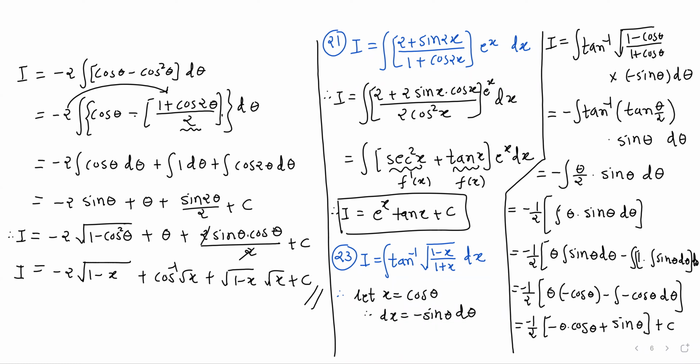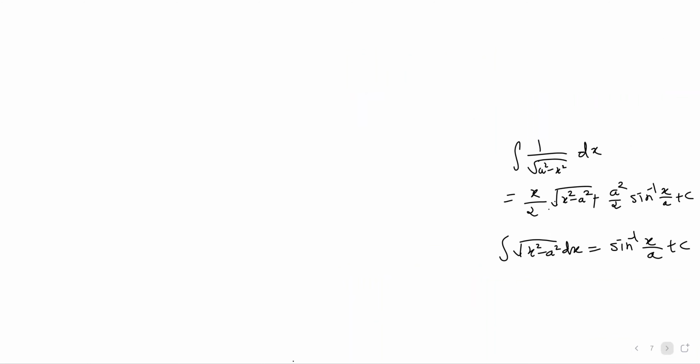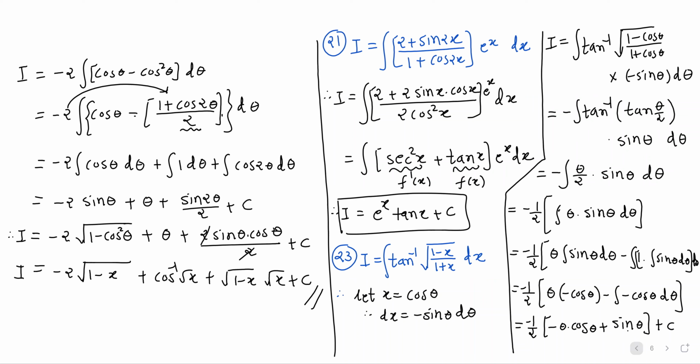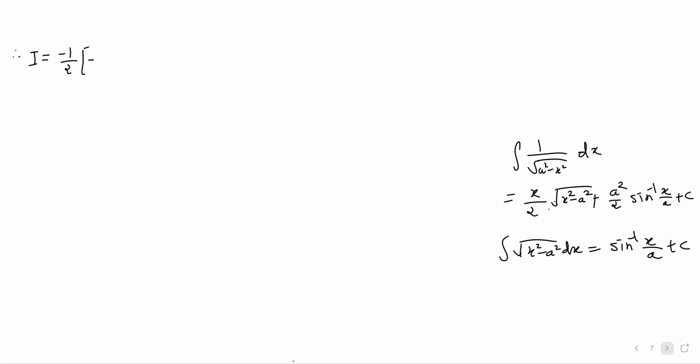Understood? Minus minus plus, and integration of cos is sin. Okay, so now therefore I is equal to minus 1 upon 2, minus what was ours? Minus theta cos theta plus sin theta plus c.